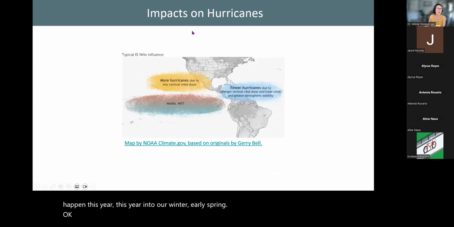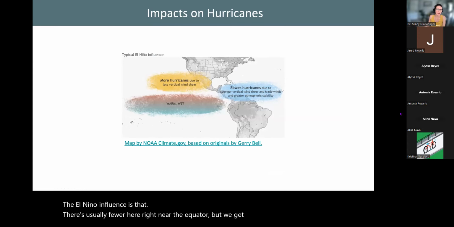Okay, so what's happening with hurricanes? Well, the El Nino influence is that there's usually fewer here, right near the equator, but we get more in other places. So you can click on this and check it out.